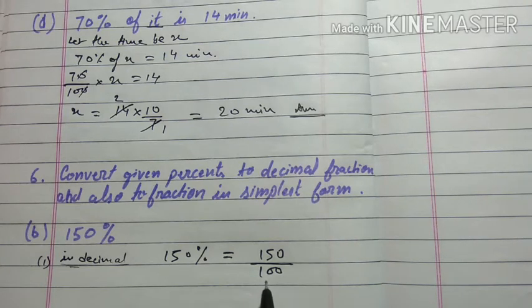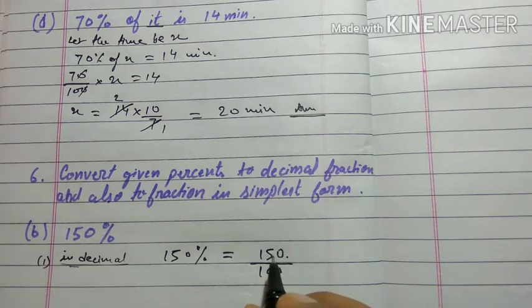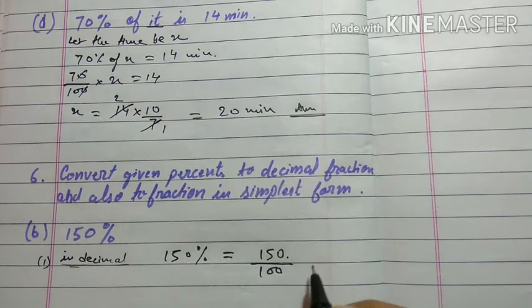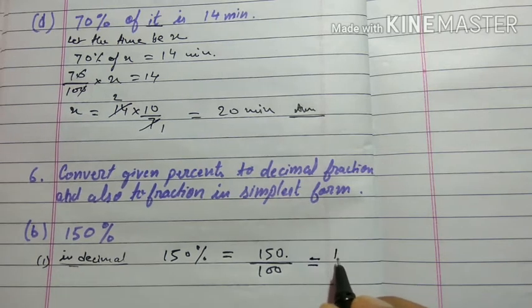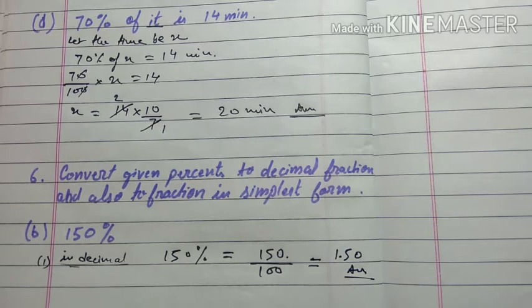Since there are two zeros in 100, the decimal point is shifted 2 digits before. In the numerator the decimal point does not appear, so it means the decimal must be at the last. Always think that the decimal point must be at the last. From here it is shifted 2 digits before, so it becomes 1.50, and this is the answer in decimal.